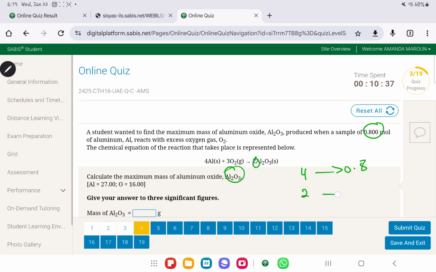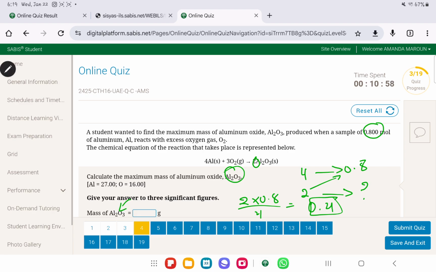How much will 2 become? We'll apply cross multiplication. So it becomes 2 times 0.8 divided by 4, which gives us an answer of 0.4. But this is what? The number of moles. We're not looking for the number of moles. We are looking for the mass.